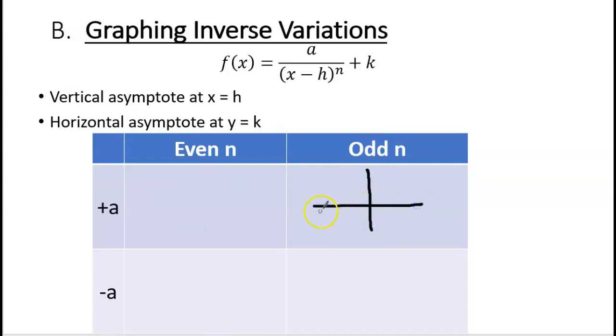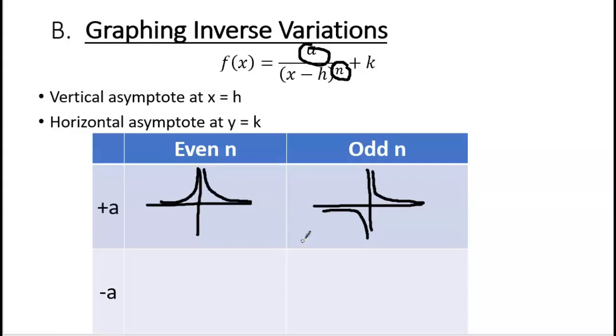They look like this, right? But that's if they had a positive a value on the top and an odd power. We also saw what happened if we had the power even. When you had an even power, both halves of the graph were on top.